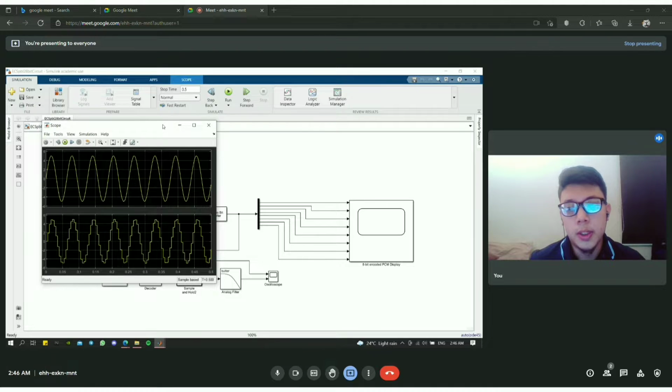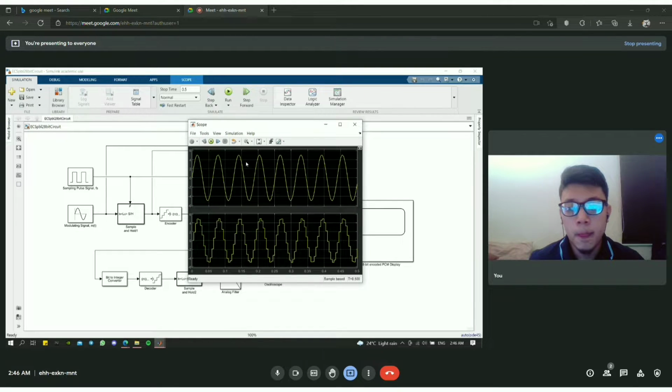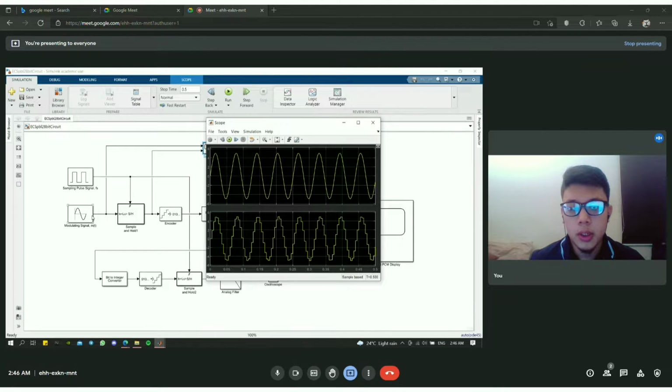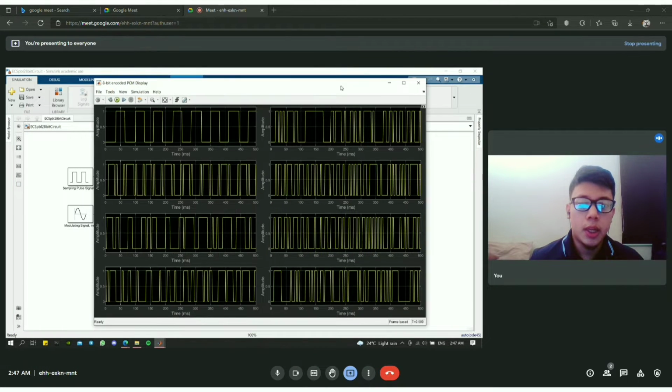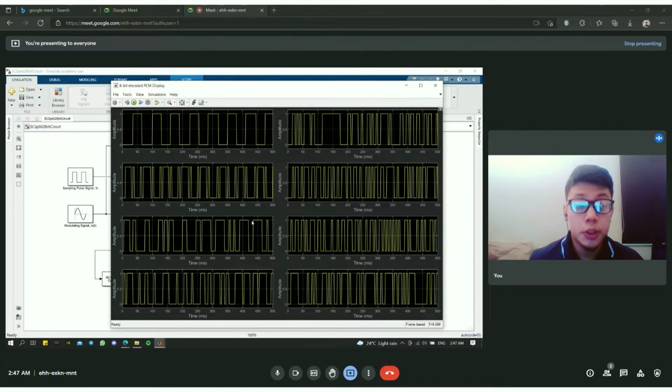This is the original signal, and this is the quantization process of the signal. When it goes to the encoder, it becomes like this, which has 8 digital signals because this is the 8-bit circuit.